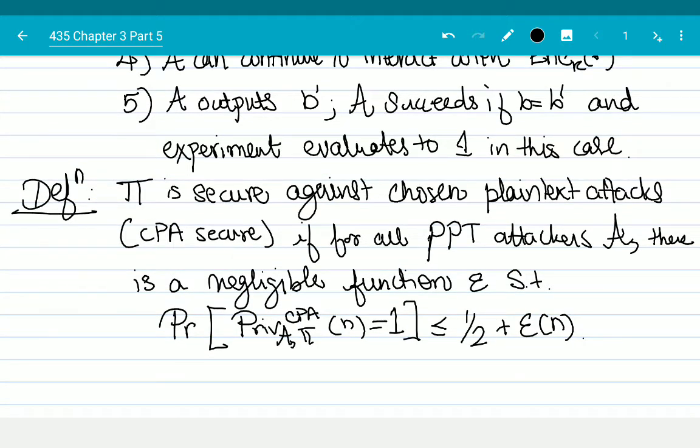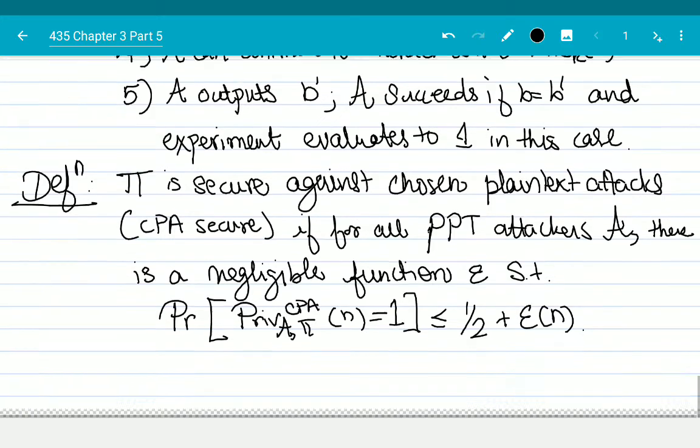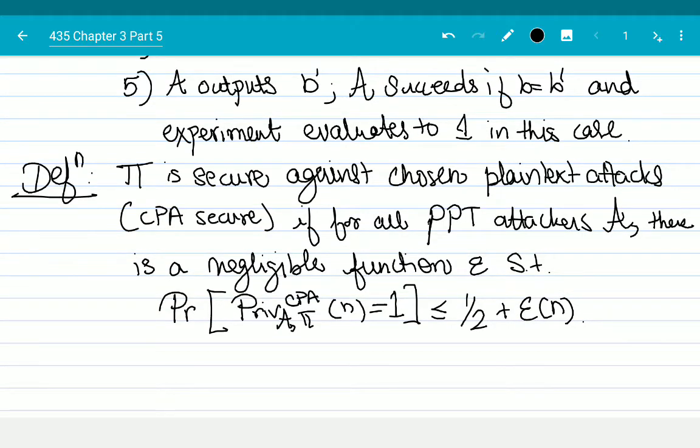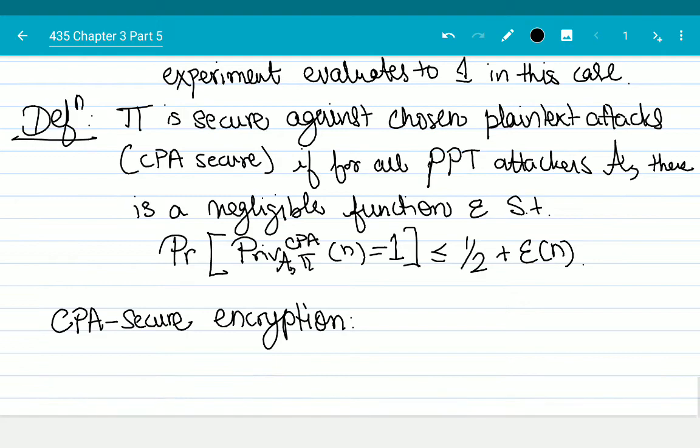Now the question is, how do we create such an encryption? How should my encryption oracle work? So, CPA secure encryption. Here's how my oracle is going to work. Let f be a length preserving keyed function.